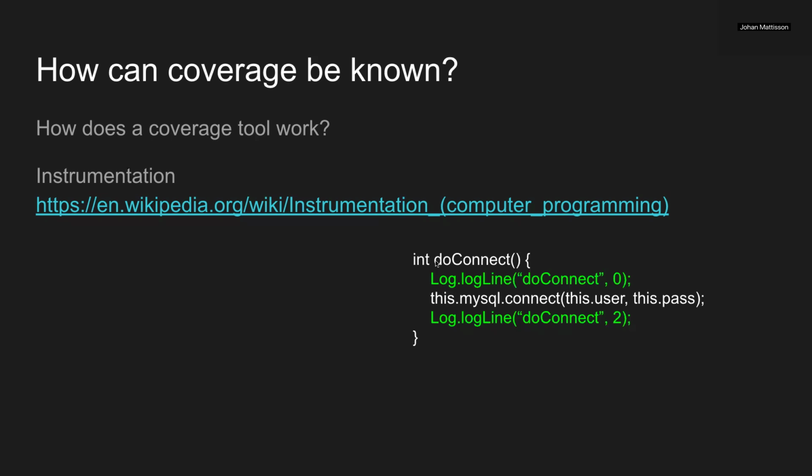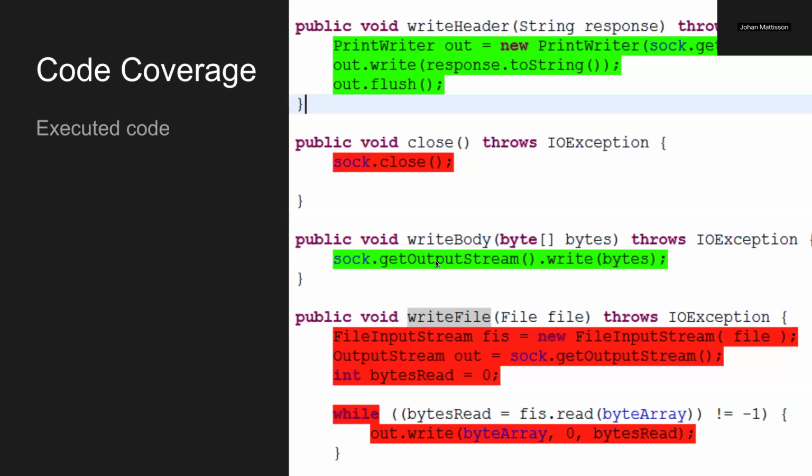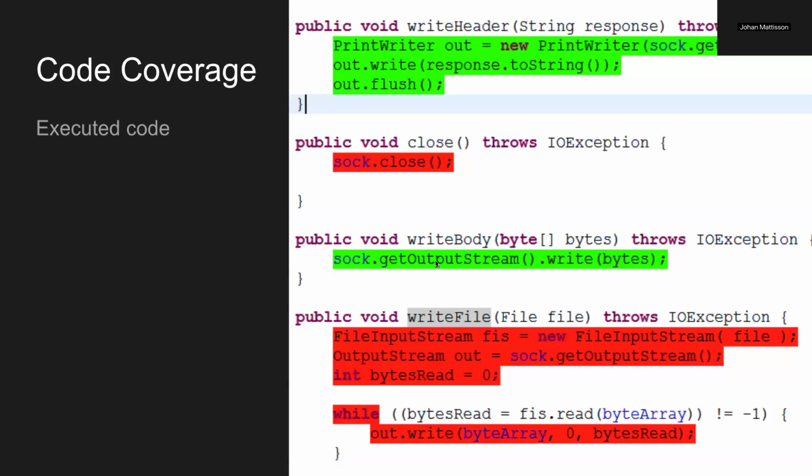So through instrumentation, that's the basics of how these things work. This is something we could probably do ourselves if we wanted to, but the tools do it for us. In this way, we can figure out what parts of the code were touched when we do different kinds of things.